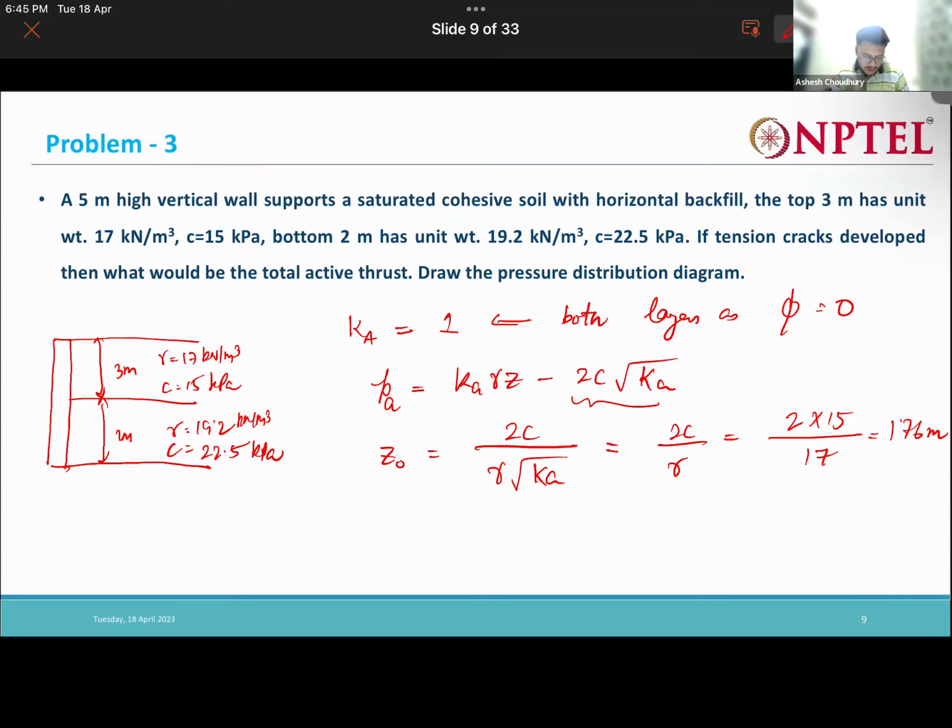Now coming to the lower portion. Due to the overburden, this straight thing will be coming.